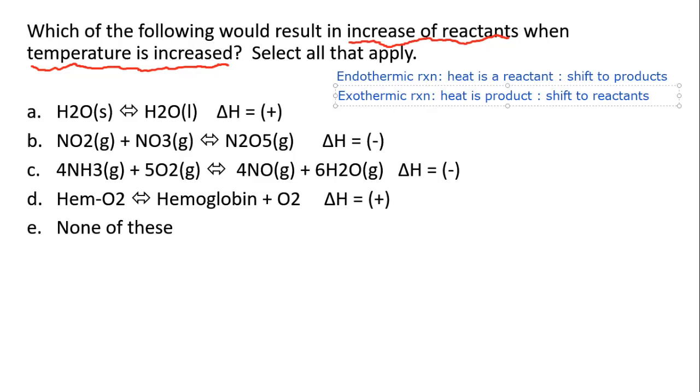So we look here in number 1, it's a positive delta H. That means it's endothermic. So if we increase the temperature, it's going to shift this way. So that's not 1. Next, we have a negative delta H. Since it's negative delta H, if we increase temperature, it's going to shift to reactants. So that is one.